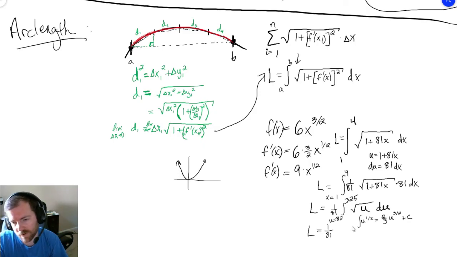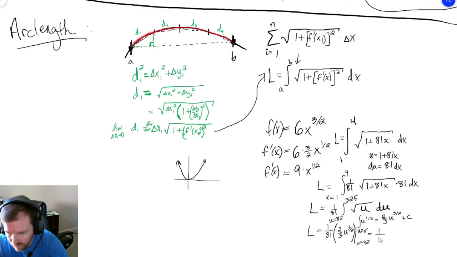So we get 2/3 u to the 3/2, evaluated from u is 82 up to 325. 1 over 81 times 2/3, just factor that out. Multiplied by, here we have 325 raised to the 3/2 power minus 82 raised to the 3/2 power.